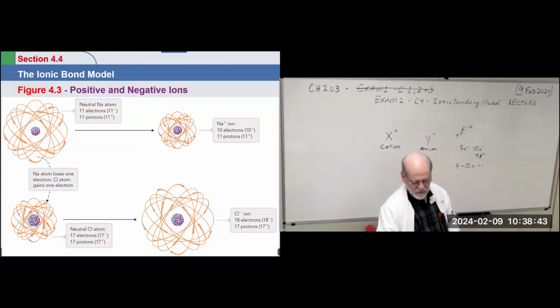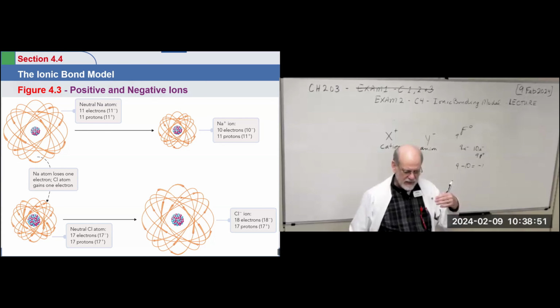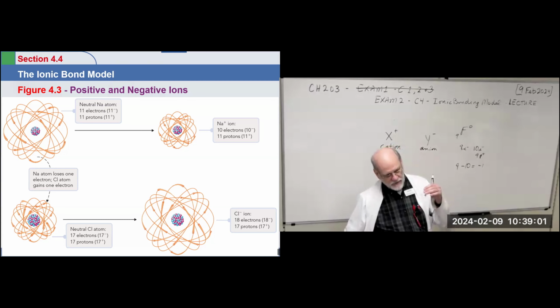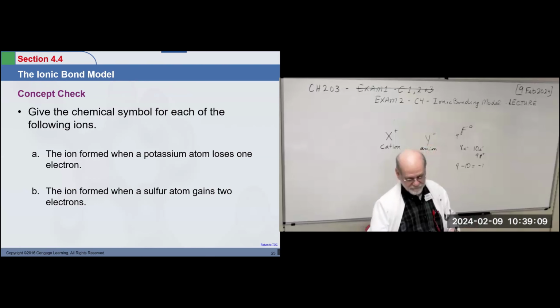Okay, and this is just trying to illustrate. On the left, you find neutral sodium above, and if it loses an electron to a chlorine atom, which is below, now the sodium is excess positive. It lost one of its negatives. And chlorine is excess negative. It gained an electron, a negative.